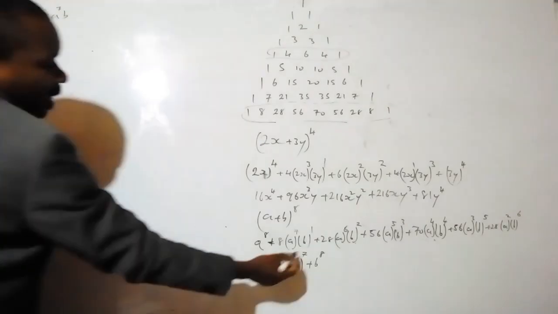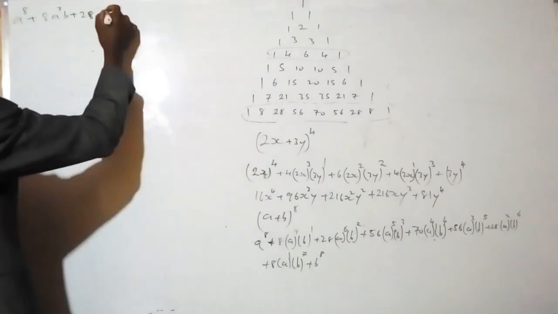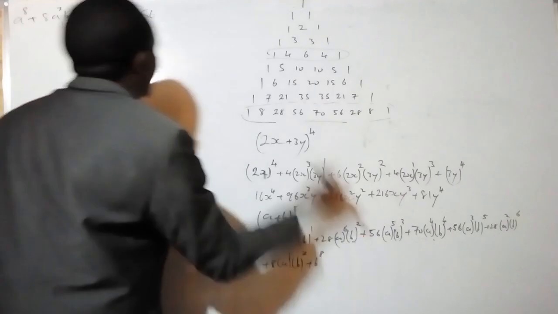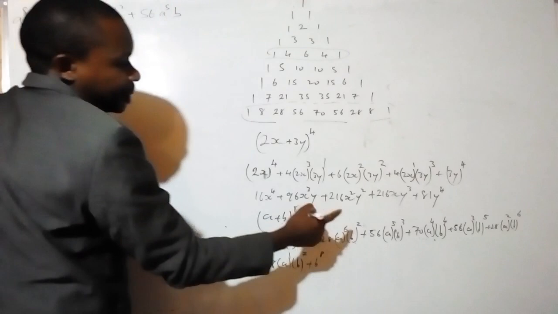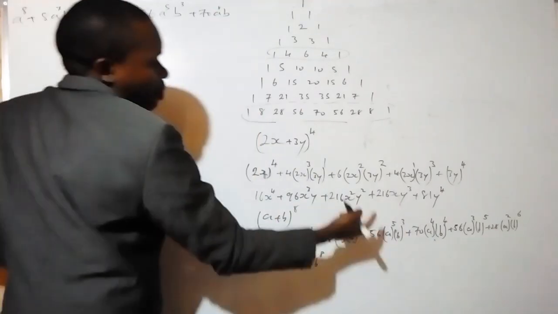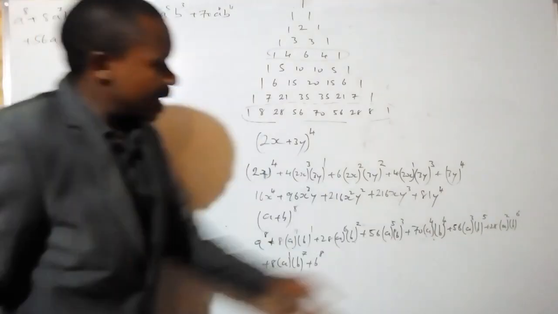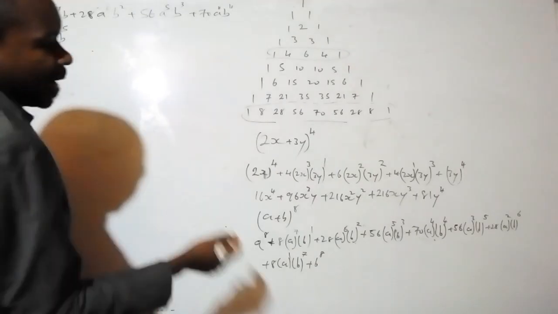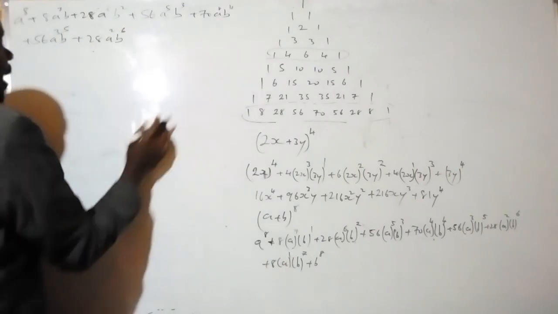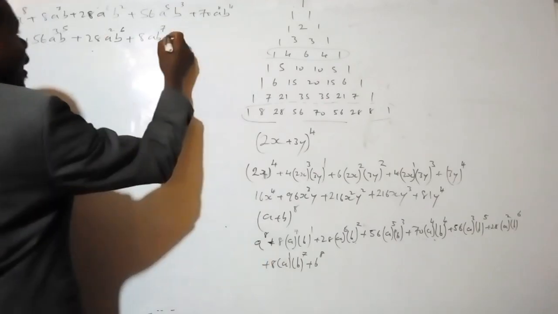Next is 28 a raised to the power 6 and b raised to the power 2, plus 56, no need of bracket, 56 a raised to the power 5 b raised to the power 3, plus 70 a, b, but a is 4, b is 4, plus 56 a, b, but a is 3 and b is 5, plus 28 a, b, a is 2, b is 6, plus 8 a and b raised to the power 7, and finally plus b raised to the power 8.